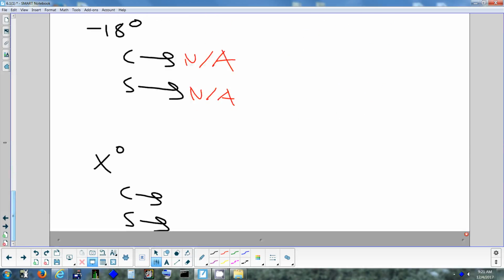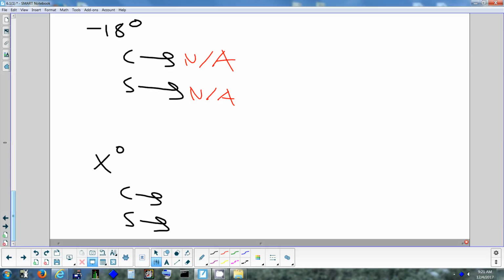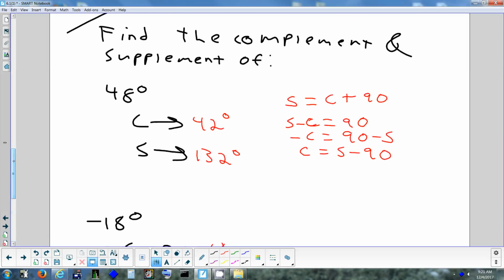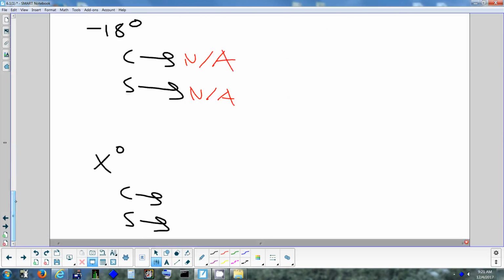Okay, last one. It's kind of like the formulas. We're just going to come up with a formula. We already came up with it, really. But let's just do it for x. What's the formula for the complement, assuming your angle is x degrees, and assume x is positive. X is not a negative number. Yep. 90 minus x degrees.